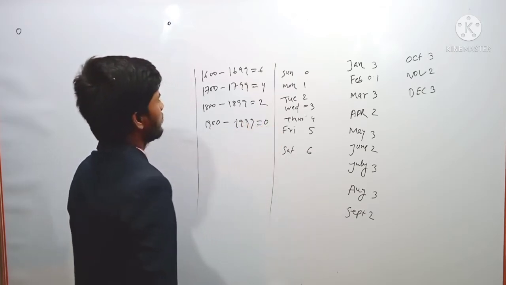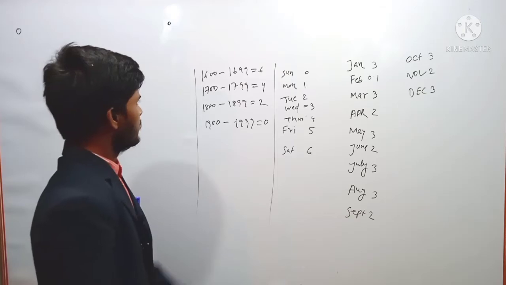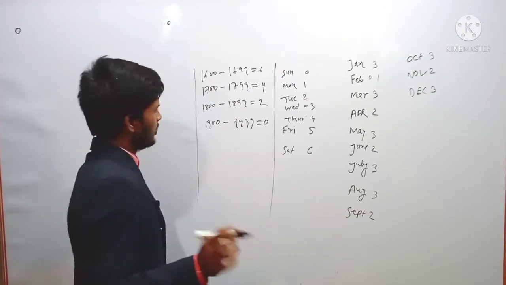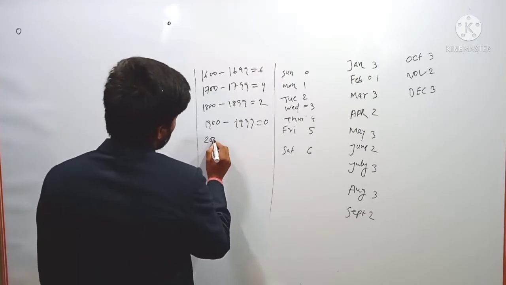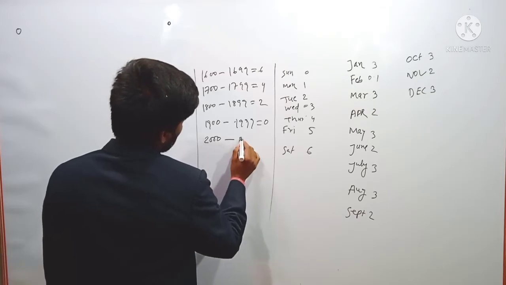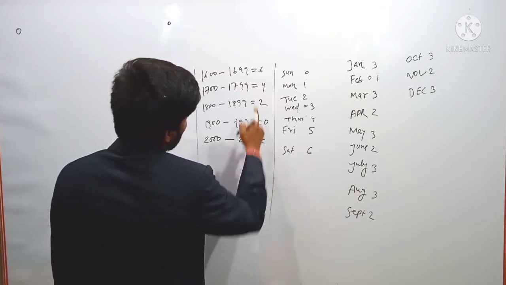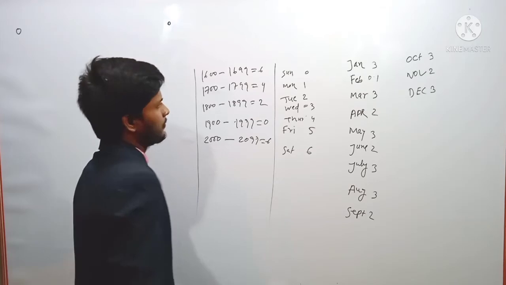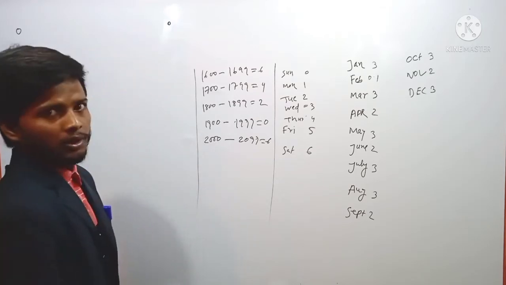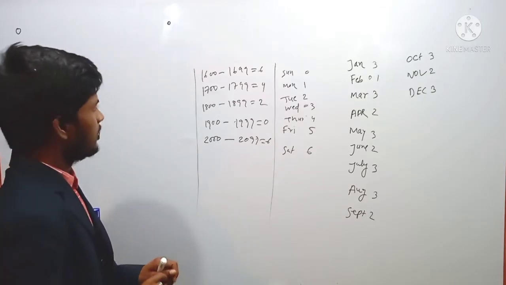Then again it will be 6, 4, 2, 0 like this. Okay, then 2000 to 2099, again it will be 6. So write down all this.